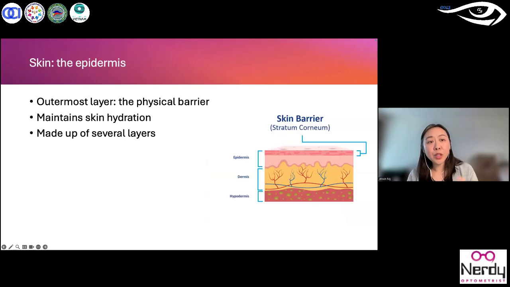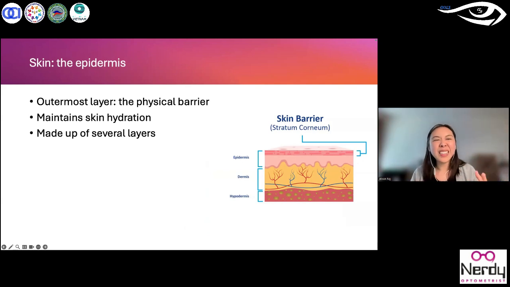But if we think about the epidermis, because this is kind of our biggest barrier and part of the skin that holds perhaps some of the biggest functions in terms of overall skin health. Like I said, it stops things from getting in, so things like bacteria and soil, and it stops things from leaving as well, so things like your water and your electrolytes.